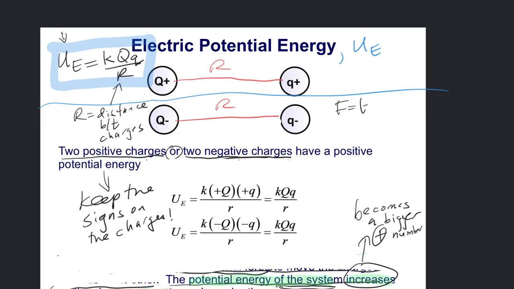Force equals k q1 q2 over r squared, except there's only one r in the denominator. So when you take away one of those r's, you get the electrical potential energy.